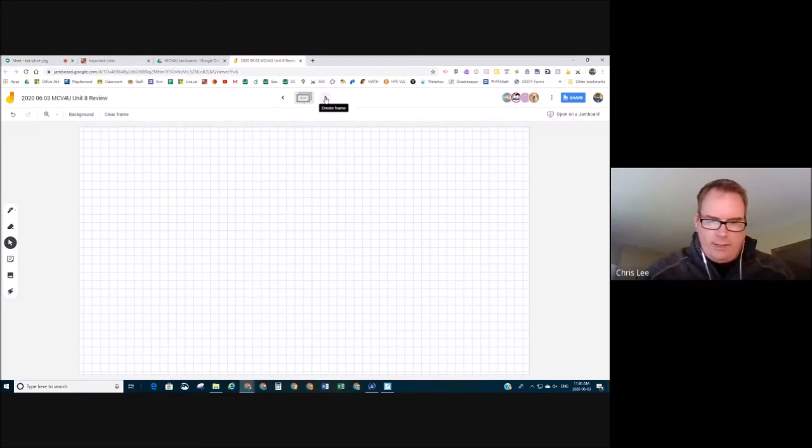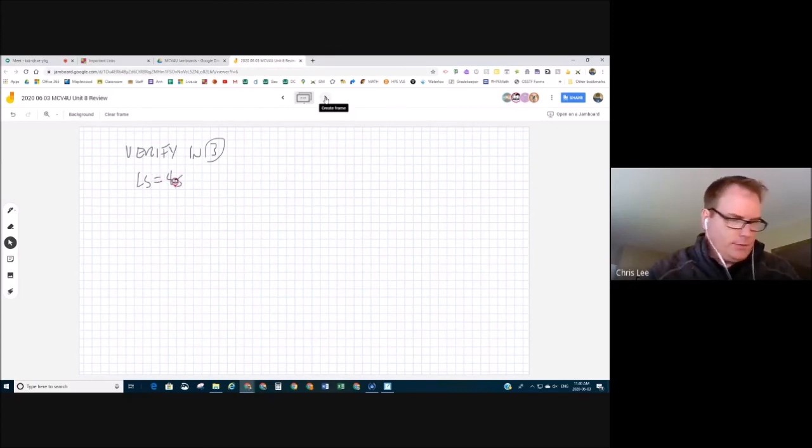And in 3, so verify in 3. So for 3, the left side was 4s plus 3t. You can trust that that's what it was. I have it written on the paper now. And then the right side was 2.